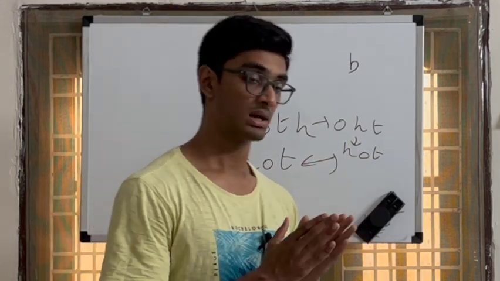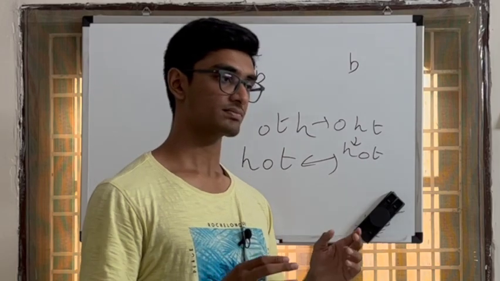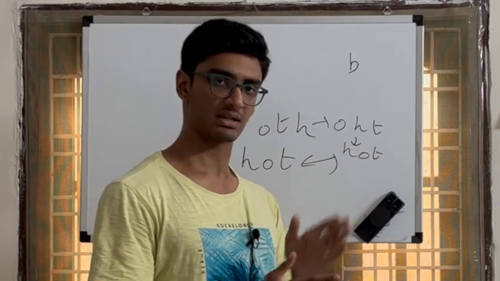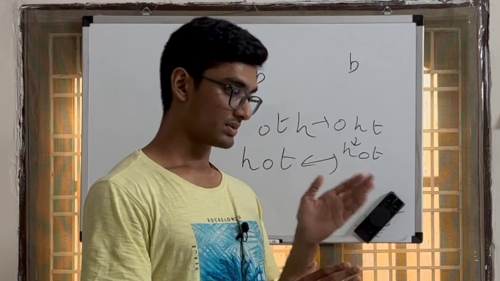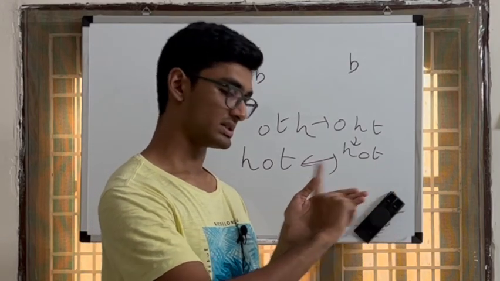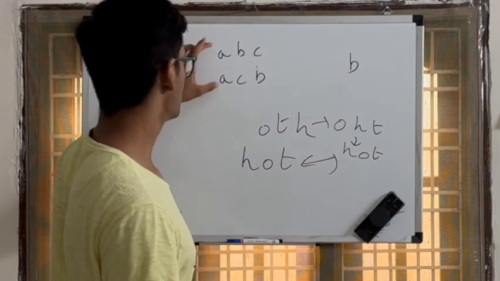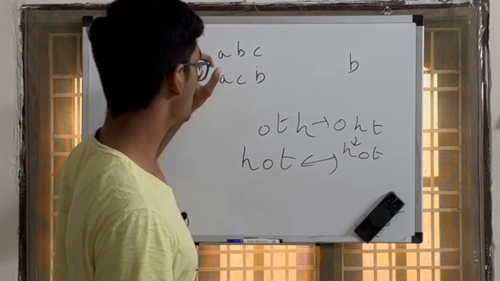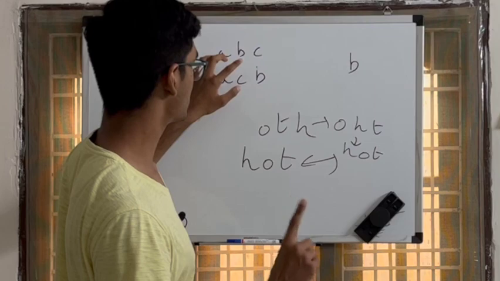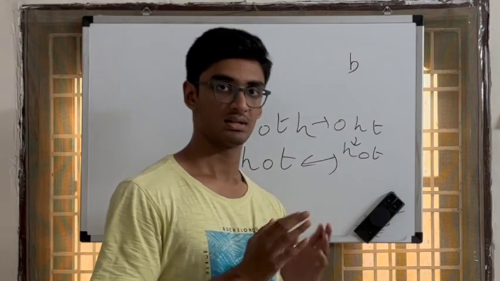The point is, when does this case occur? When the frequency of letters in this word is exactly equal to the frequency of letters in this word. In this case, A occurred once, B occurred once, and C occurred once.